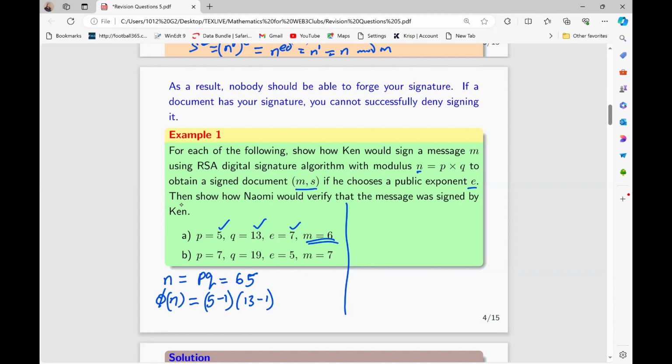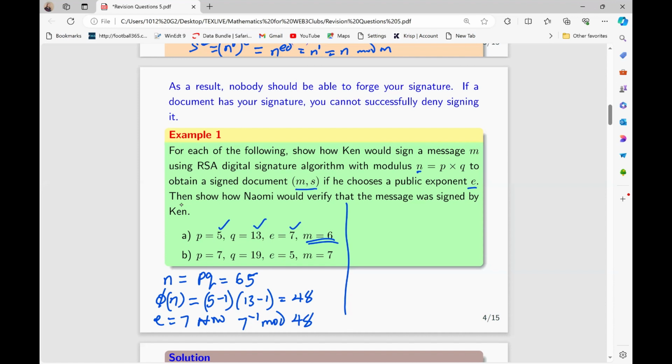Of course, this is 4 and this is 12, giving us 48. Now, we've been told that he has chosen 7 as E. So E is 7. So what we now do is find its inverse: the inverse of 7 mod 48.